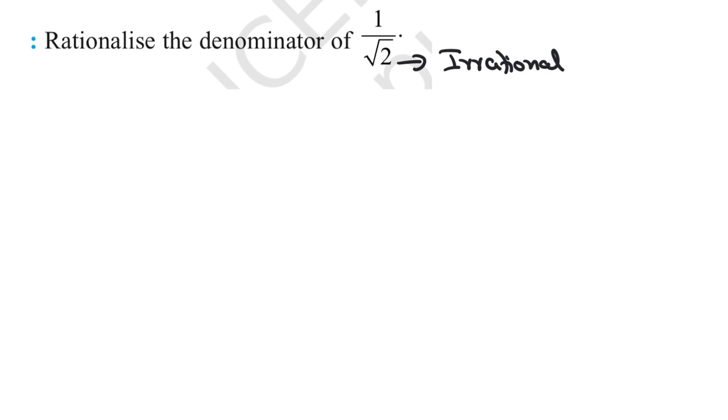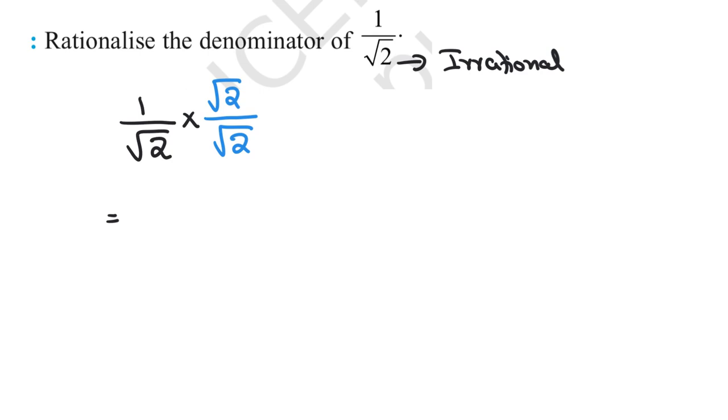And how do we do that? Let's see. 1 over square root 2. In order to remove the irrational denominator and make it into a rational one, we will multiply and divide by square root 2. The value still remains the same. So now we already know how to multiply two fractions.